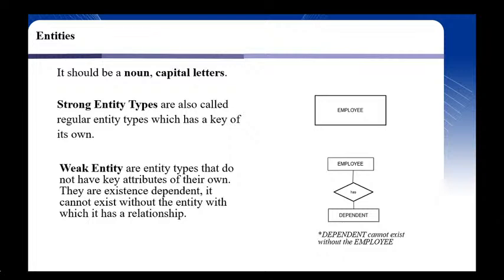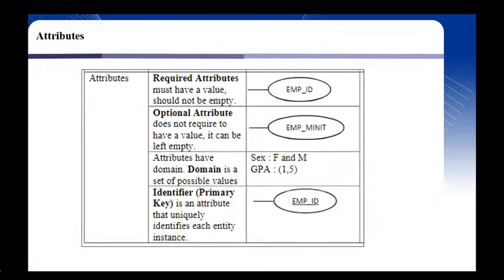It cannot exist without the relationship to the strong entity, which is the employee. This weak entity cannot stand on its own. If the employee is gone from that particular company, the dependents are also gone, because they depend on the employees themselves. Okay, now let's move forward to the attributes.